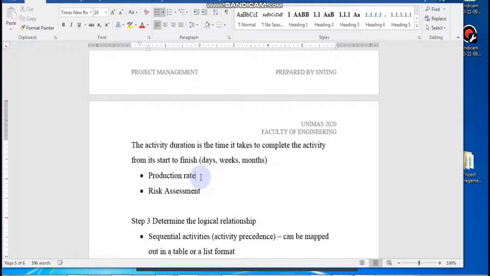How many batches of concrete can be produced in a day by this particular plant that you have, whether it's an external plant or an internal plant? How many loads of soil can your excavator upload in a day? All these are actually found in the understanding of the resources that you have.